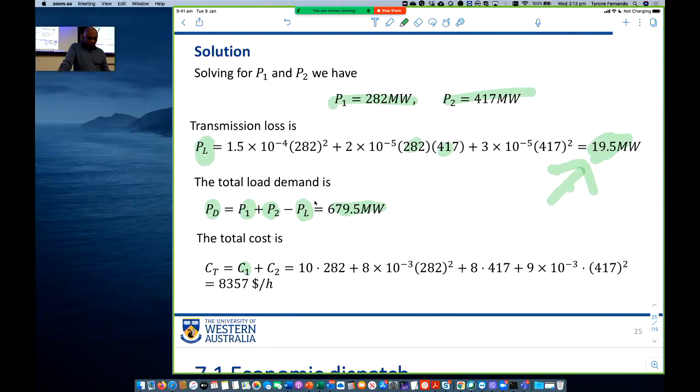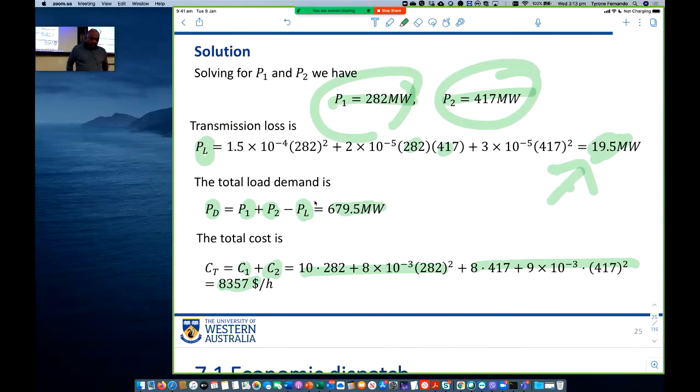Because we know the optimum P1 and P2, we can determine C1 and C2 by substituting P1 and P2 in the cost functions. That's C1 and that's C2, and it will give us this value. The cost is $8,357 per hour to supply that load at that given time.